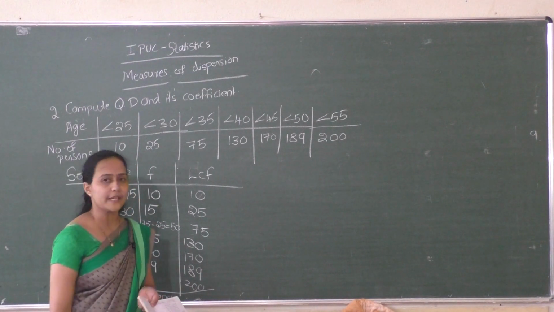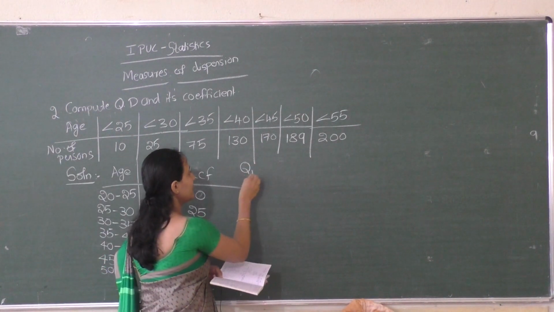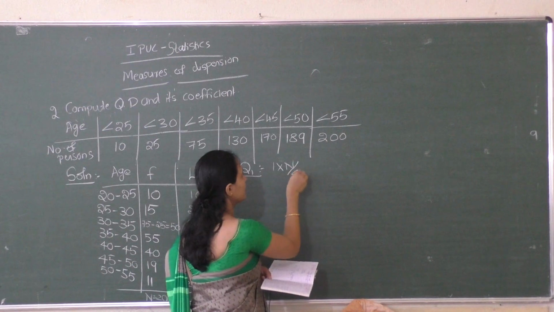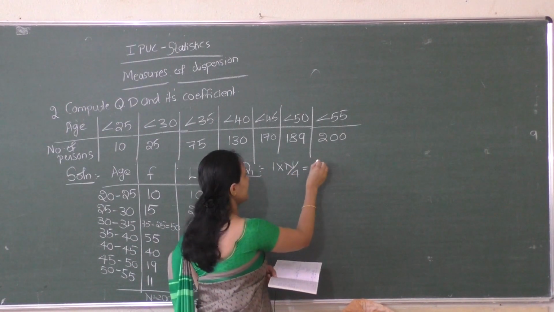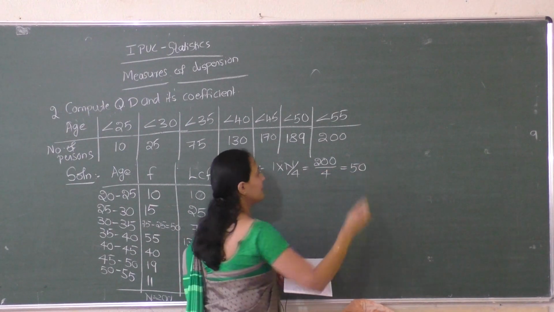Next, we have to find Q1 and Q3. Same method, it doesn't change. For Q1, first we have to find 1 into N by 4. 1 into N is 200, and 200 divided by 4 is 50. Correct?